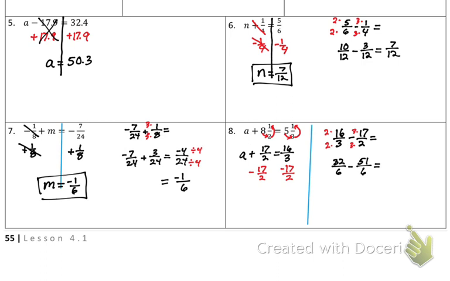What's 32 minus 51? Negative 19, thank you. Negative 19 over 6. So remember, we did that 17 over 2 minus 17 over 2, so these cross out. And we're left with A equals negative 19 over 6.